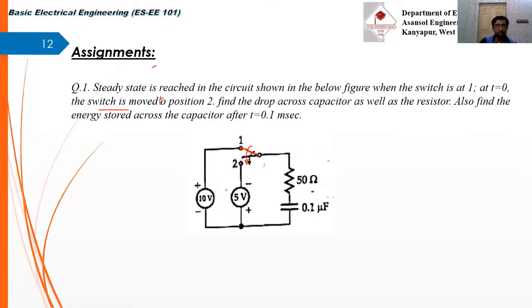So what will happen here? A 5 volt source is connected with opposite polarity. So consider the KVL formation.